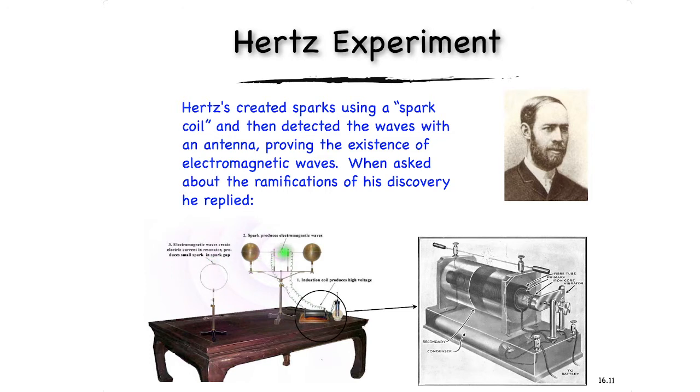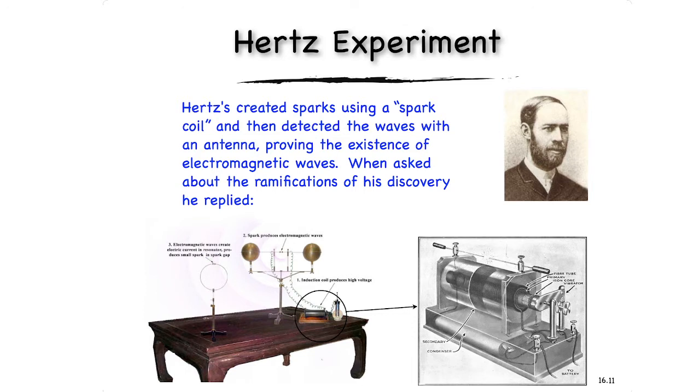And the reason is that little spark was a current of electric charges that produced a changing magnetic field, that produced a changing electric field, that propagated as a wave. This basically was an antenna. The passing magnetic field through that antenna produced an electric field around here that then was strong enough to produce a spark in the gap.